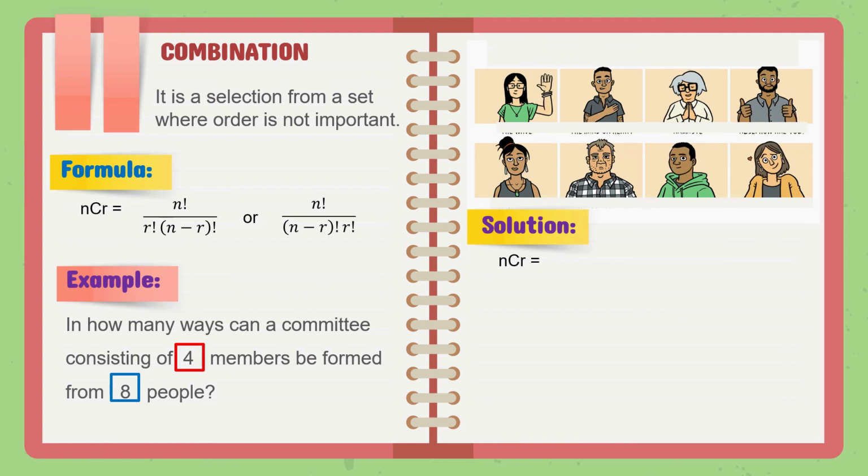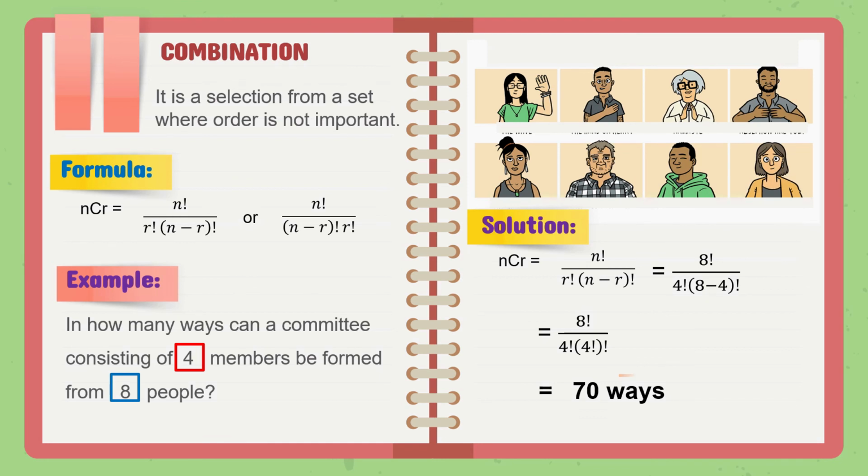So substituting it in the given formula, we have 8 factorial over 4 factorial times 8 minus 4 factorial. Solving the denominator, this will give us 8 factorial over 4 factorial times 4 factorial, which is equal to 70 ways.